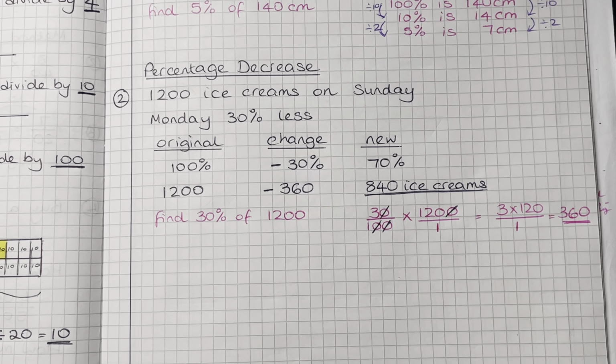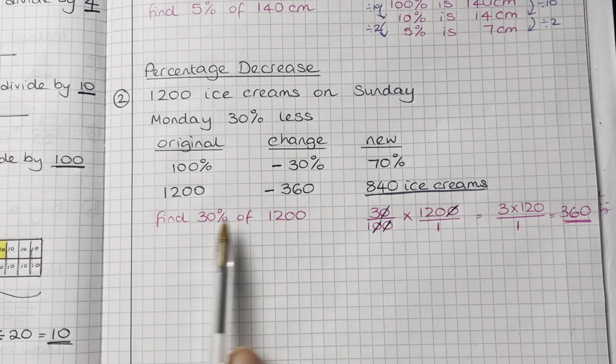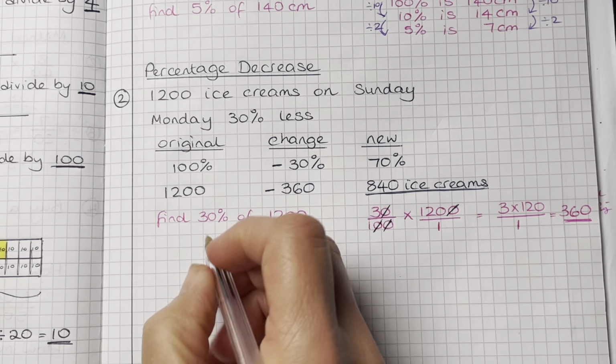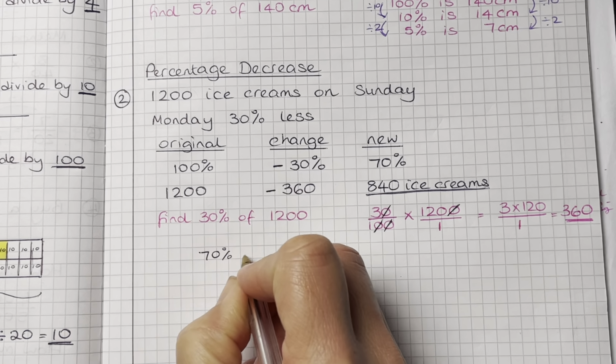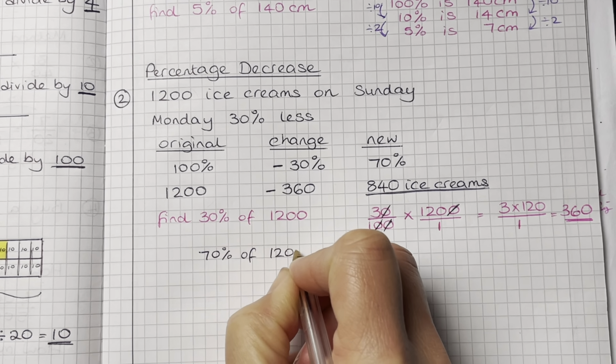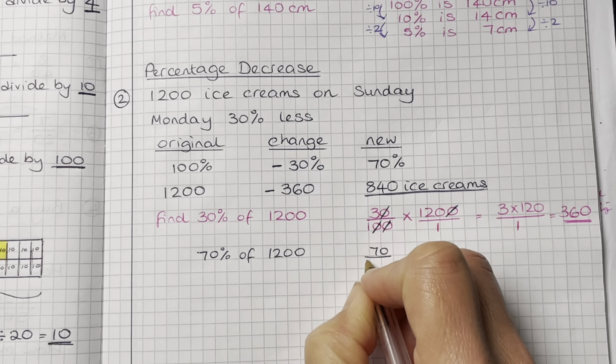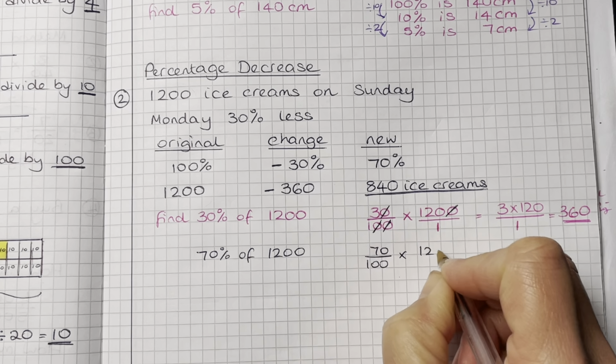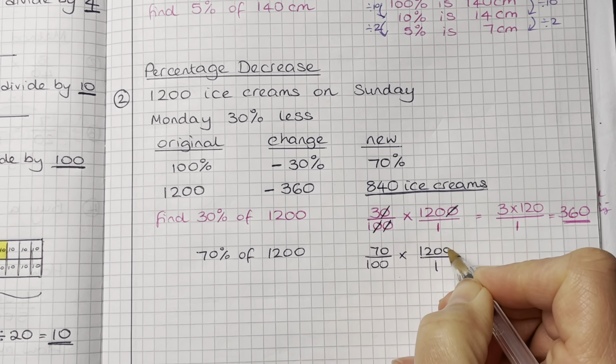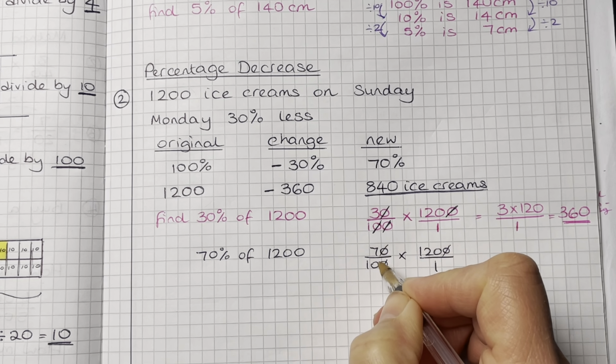Now, one thing that's really nice with this is there's a really lovely way to check. If you know what 30% of 1200 is, I could work out 70% of 1200. So 70 over 100 multiplied by 1200 over 1. Going to cancel down again.